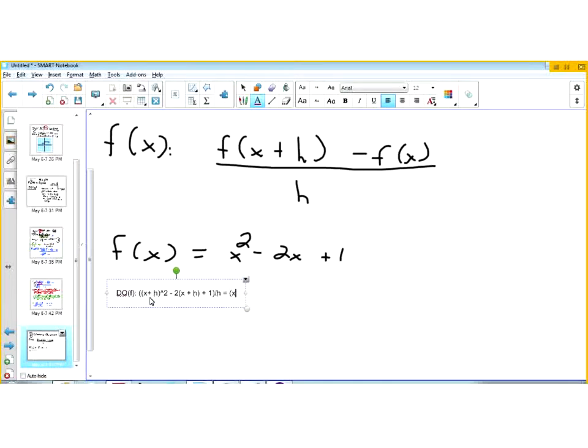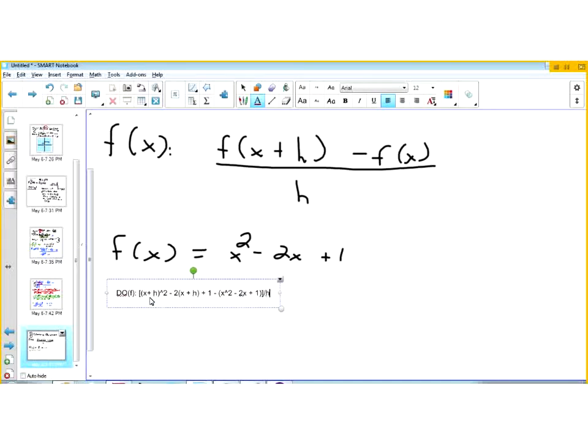Okay, and so that would equal x squared plus 2xh plus h squared. Oops, I'm sorry, I missed a term, didn't I? So this would be f of x plus h. I forgot to subtract off f of x, right? That would be x squared minus 2x. I beg your pardon. I always do that a lot. Okay, so f of x plus h minus f of x. Okay, and then we take all of that and we divide it by h.